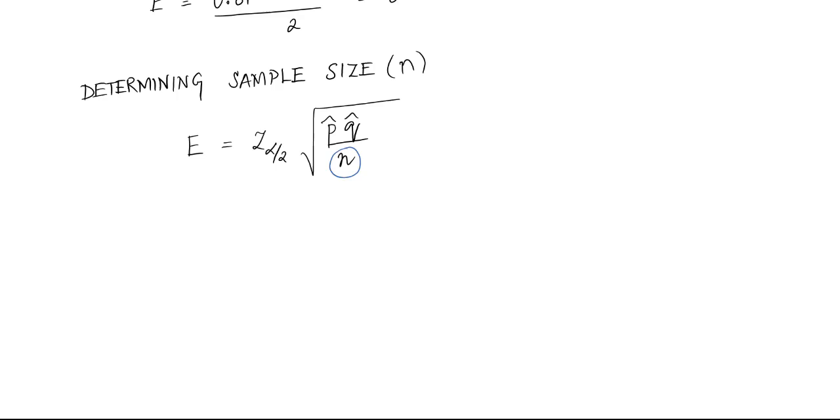We're going to use a mathematical procedure to solve for n. I want to write this one more time. We want to square both sides so that the square root can be removed and we can actually access n.